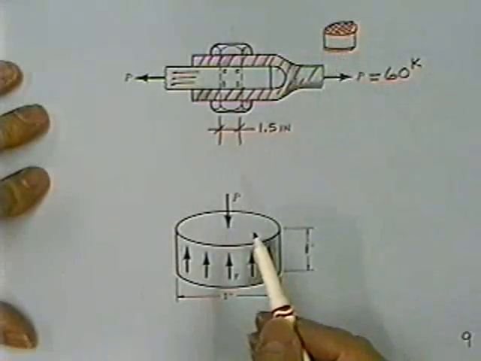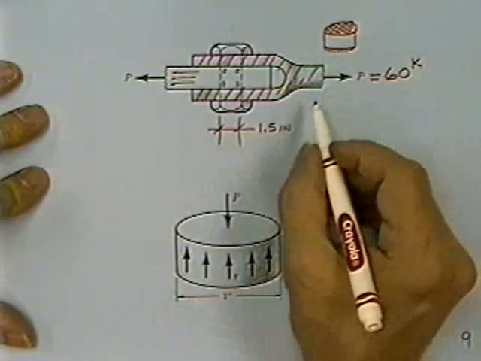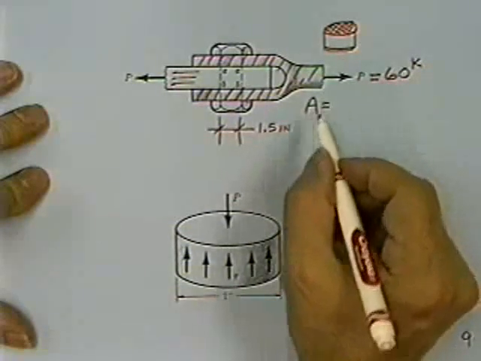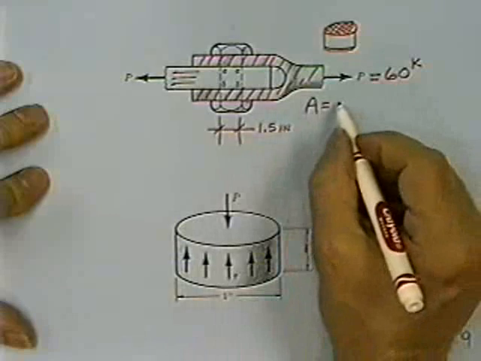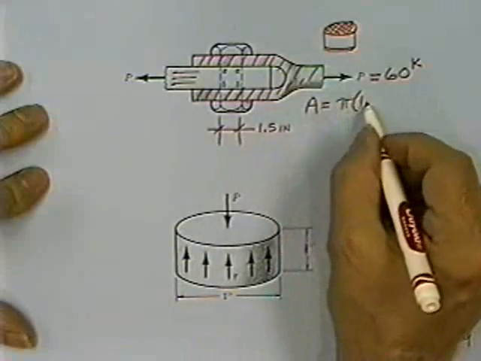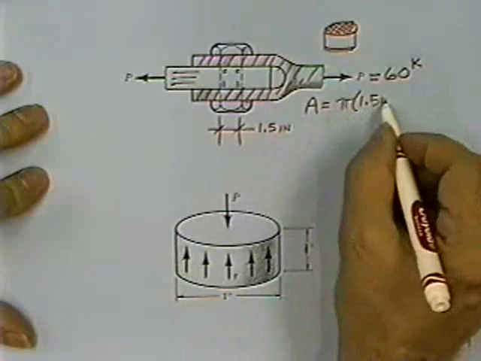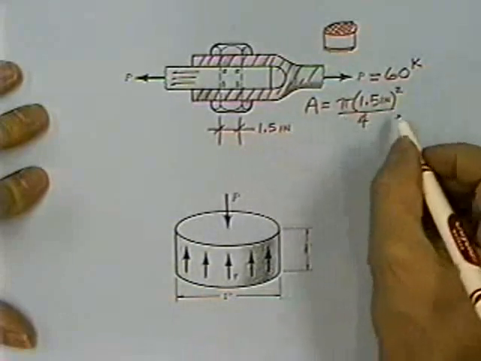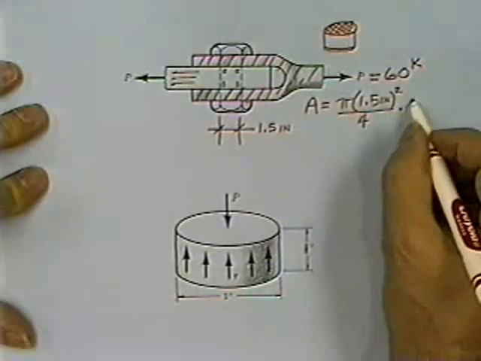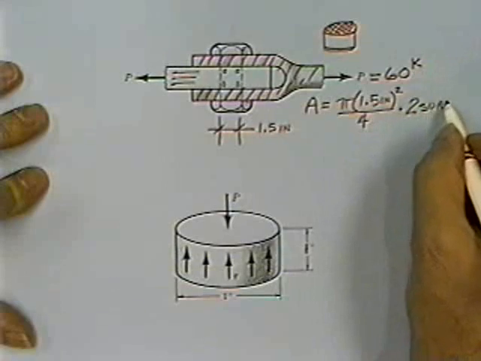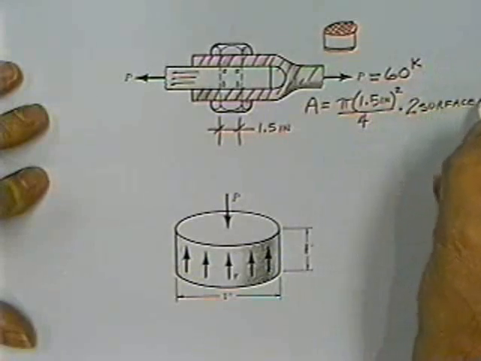That's called double shear. And the cross-sectional area that used to hold up the load is the area of a circle, pi times the diameter squared divided by 4, and then it is times 2 surfaces.